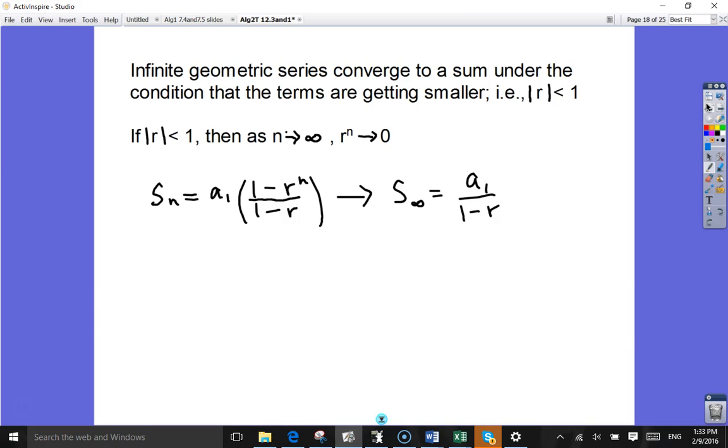If r is less than 1, that's going to approach 0. Which means in this formula right here, that term just drops out. It's gone. Everything else is still there, but this formula then looks like this: A1 over 1 minus r. And that's the last formula here. And again, they use a subscript of infinity. So you shouldn't have any confusion about which formula you're using. If it's an infinite series, then use the one that has an infinity in it.